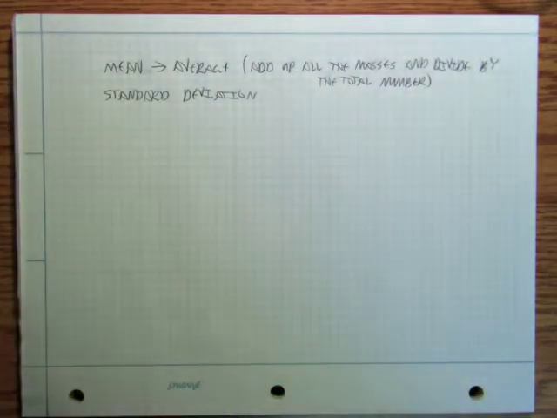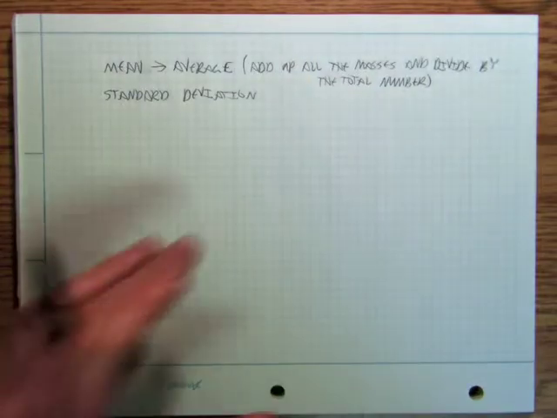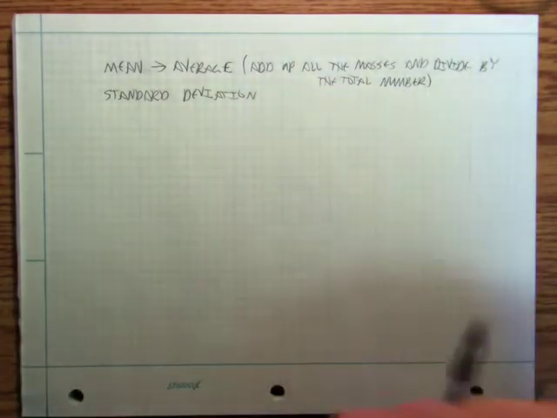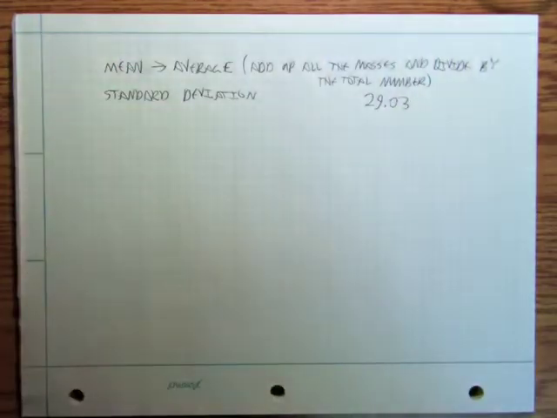The calculator was basically just adding up all 12 masses and then dividing by 12, and that's what I got as my mean, which was 29.03.